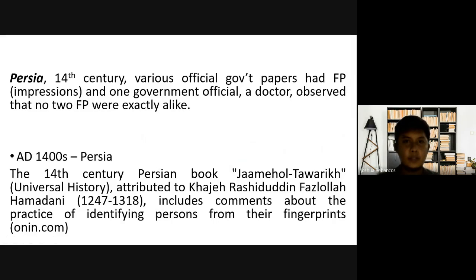Ito naman yung kinuha ko story niya. The 14th century Persian book, Jami al-Tawarikh, Universal History, attributed to Khaja Rashid al-Din Fazlollah Hamadani, 1247-1318, includes some comments about the practice of identifying persons from their fingerprints. I lifted this from on.co.